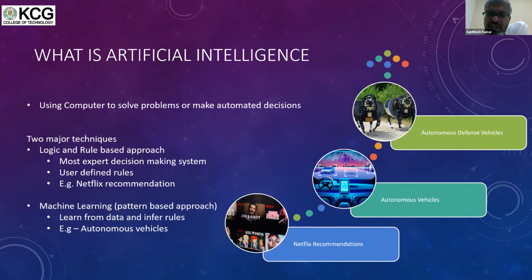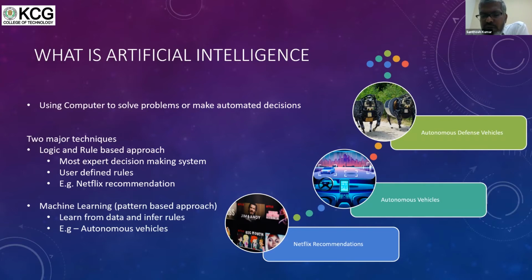Machine learning is also called the pattern-based approach. You feed huge amounts of data sets, and based on the historical data, it identifies the pattern. Based on that pattern, it creates inference rules and then applies those inference rules.